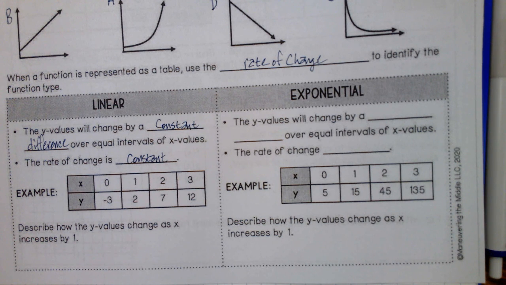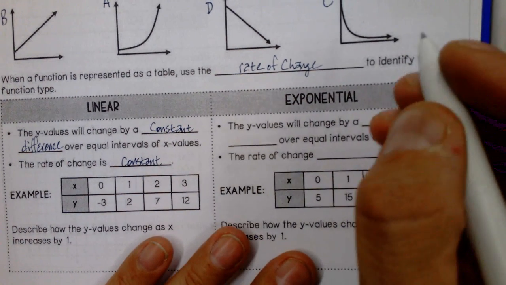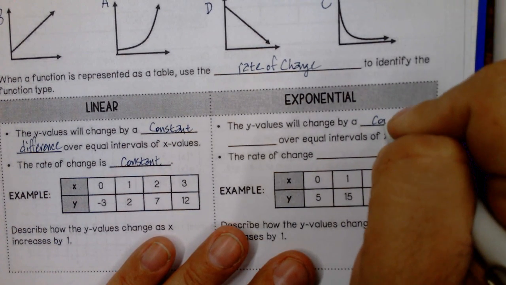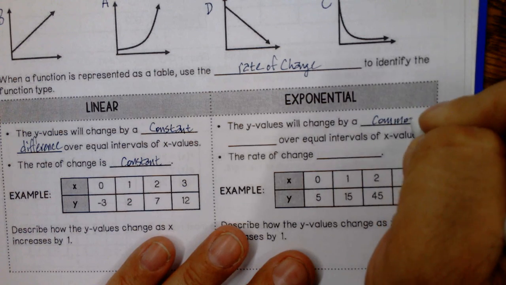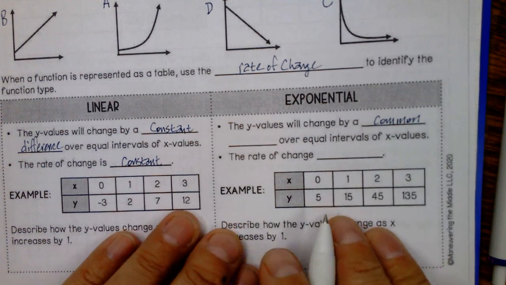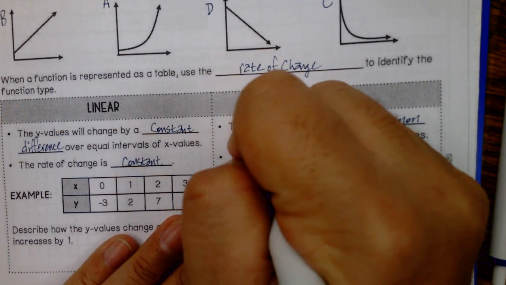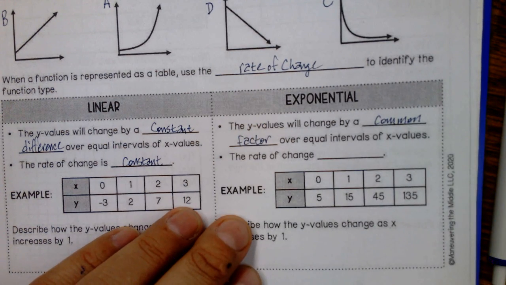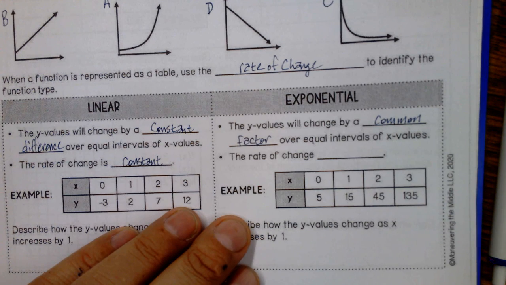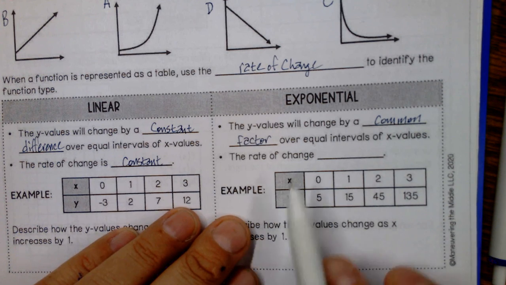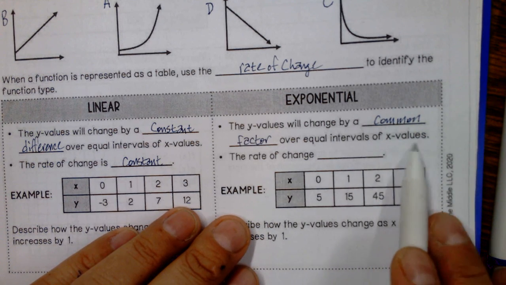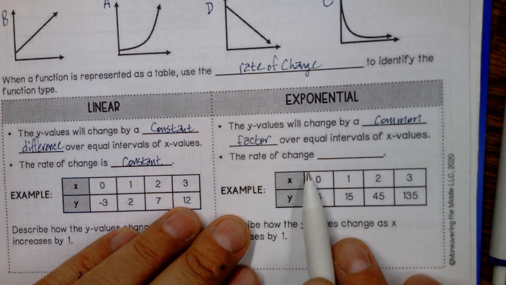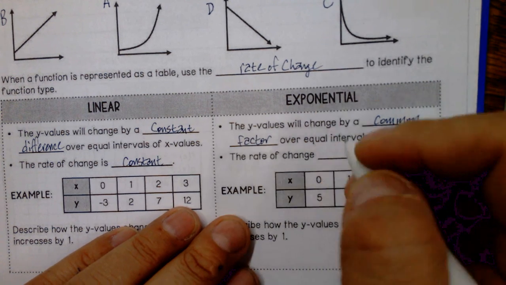All right, for exponential is going to be different. The y values will change by a common factor. Remember we were dividing them? So that was giving us a common factor. Over equal intervals of x values, the rate of change varies.